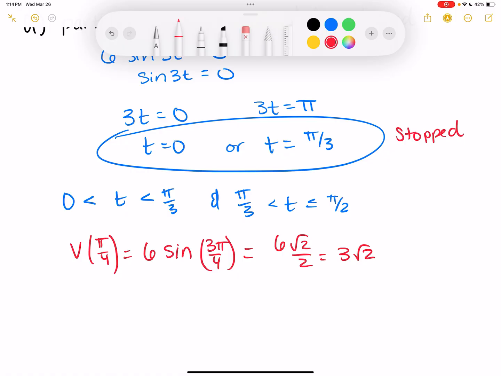And then I've got v of 5 pi over 12. Now, do we know that value? Am I going to know it when I plug it in? Yes, because this is going to be 6 sine of 3 times 5 pi over 12, which is going to become 5 pi over 4.